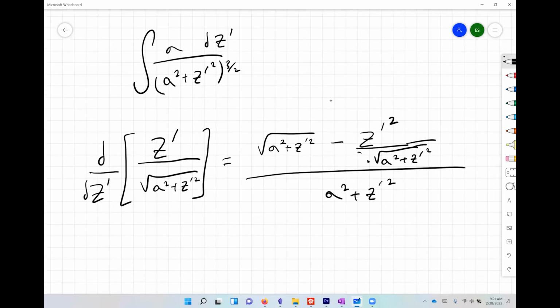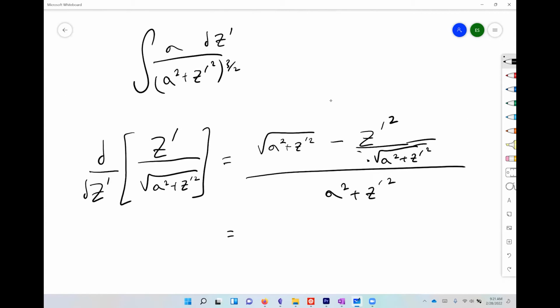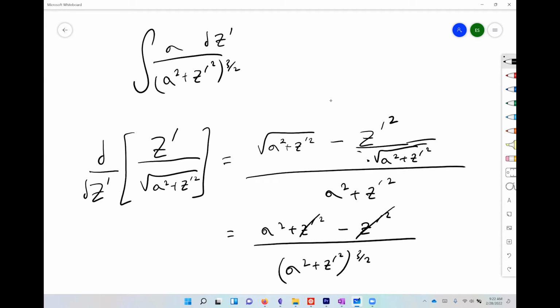And then I can multiply numerator and denominator by the square root of a squared plus z prime squared. So I end up with a squared plus z prime squared minus z prime squared. This cancels with this, over a squared plus z prime squared to the 3 over 2. Right? So we're almost there. What we need to do is we need to have an a squared here. Okay. And then I have 1 here.